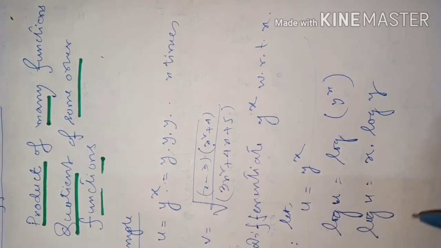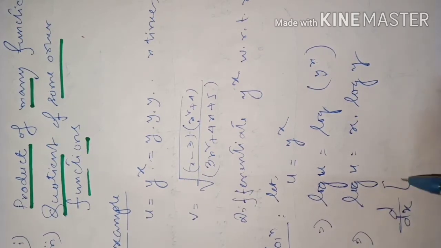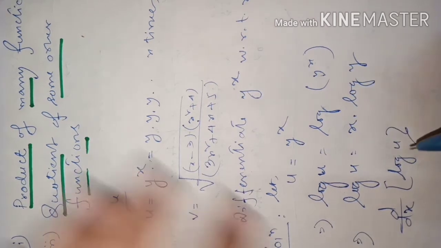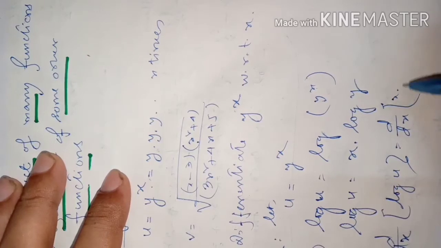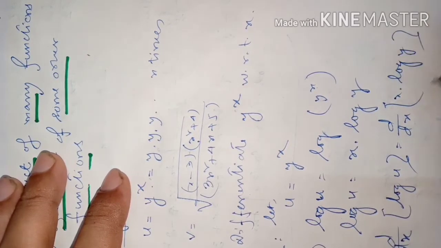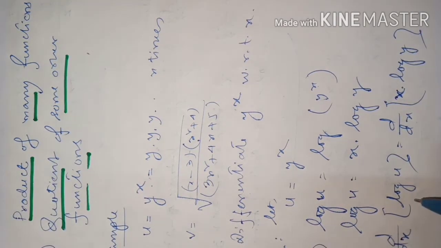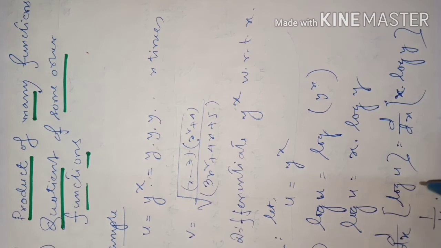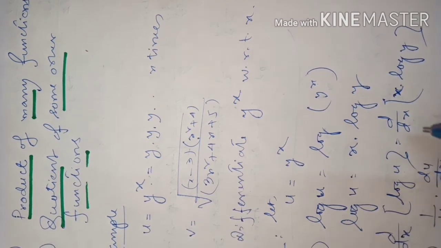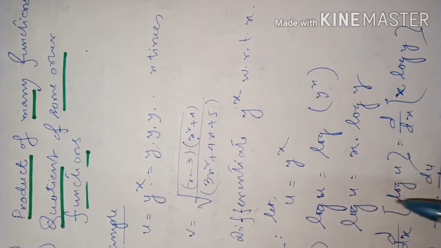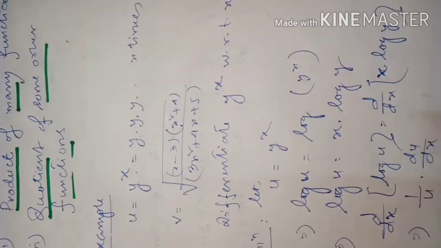Now take the derivative of both sides. d/dx of log u is equal to d/dx of x into log y. Now d/dx of log u is 1 by u into du by dx, by chain rule. Again we have to take the derivative of u with respect to x.